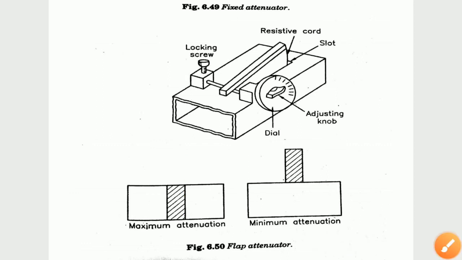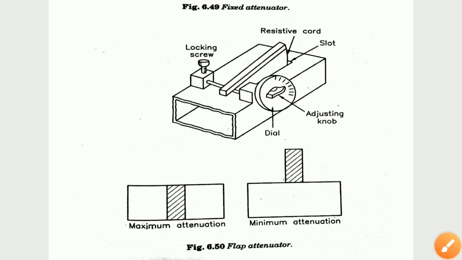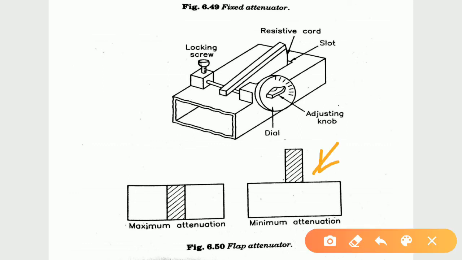But in this diagram there will be no blockage, or no attenuation, in the area which is used to travel the microwave. Because the disc or resistive card is far away, at the top of this waveguide.